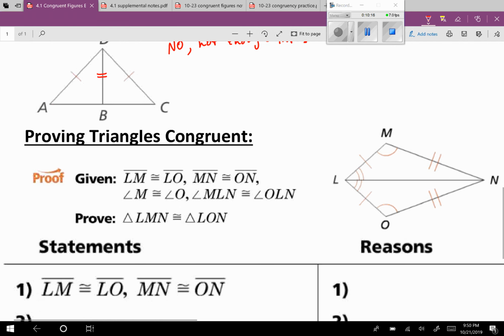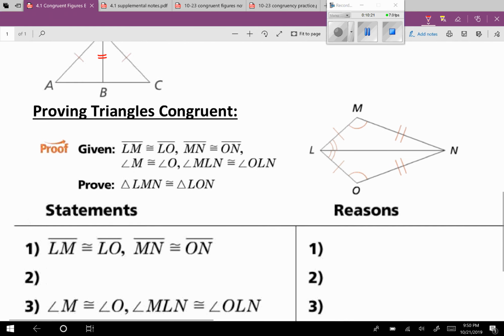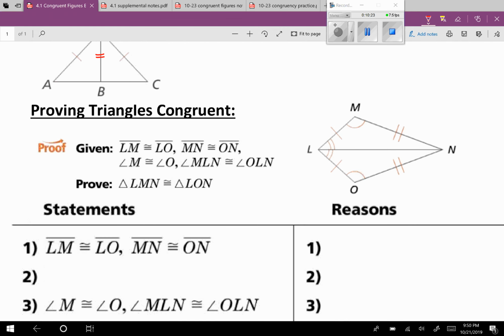Okay, proving triangles congruent. So now we're going to do a little proof here. All of these markings on the picture are from the given information. Given that LM is congruent to LO, you see they have the same markings on them. Then they also say that MN is congruent to ON, so again, they have the same markings, they each have 2 marks.